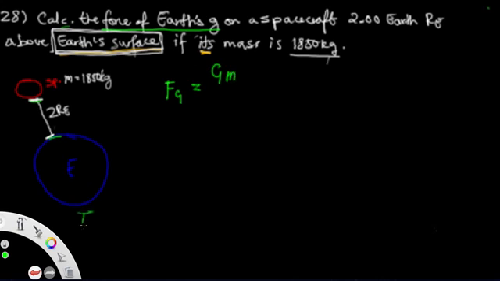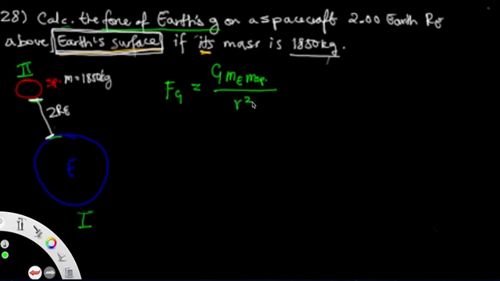In this case, we can consider the Earth to be the first object, so I'll just say the mass of the Earth, times the mass of the second object, the mass of the spacecraft, that I will denote SP, all over the radius squared.